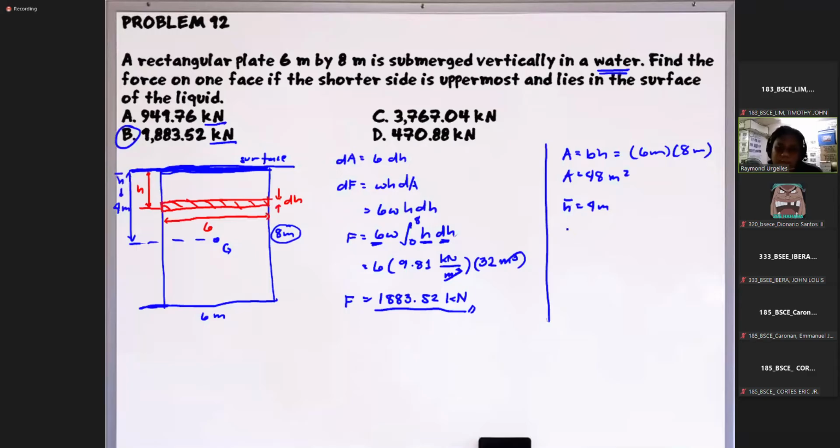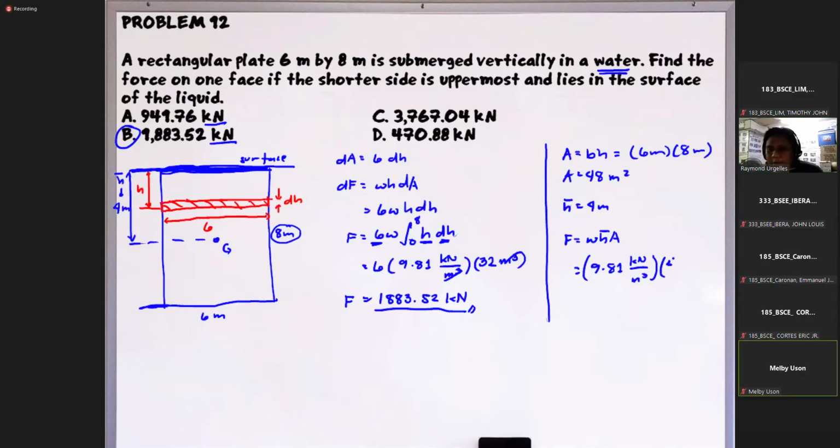Di ba? So then solving for the force, again we can use omega h-bar A. So this is 9.81 kilonewton per cubic meter, di ba? Multiplied by h-bar, so ang h-bar natin dito ay 4 meters, di ba? And yung area natin is 48 square meters. Cancel square meter, cancel meter, cancel yung cubic meter.